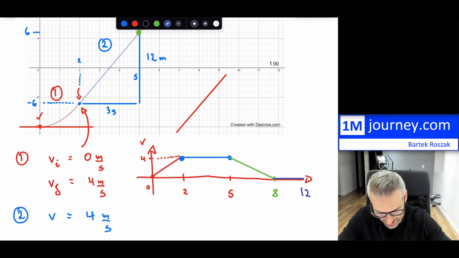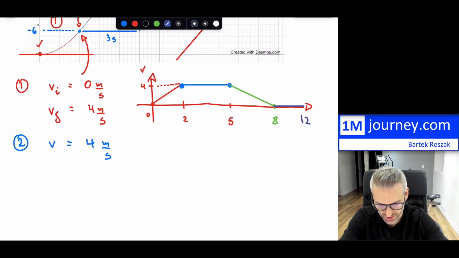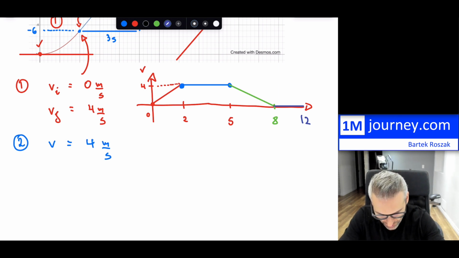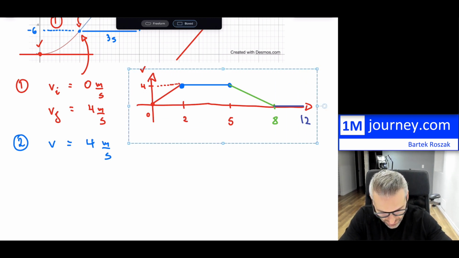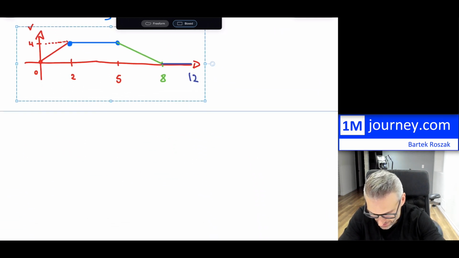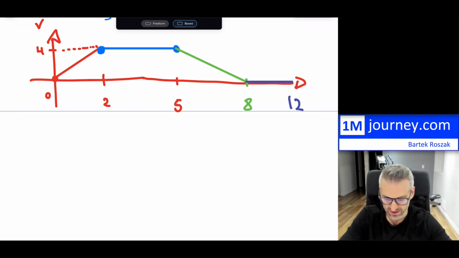Now if you want to make it a lot prettier, you certainly can. You can take this, expand it, make it bigger, and clean it up so the lines are nice and crisp.